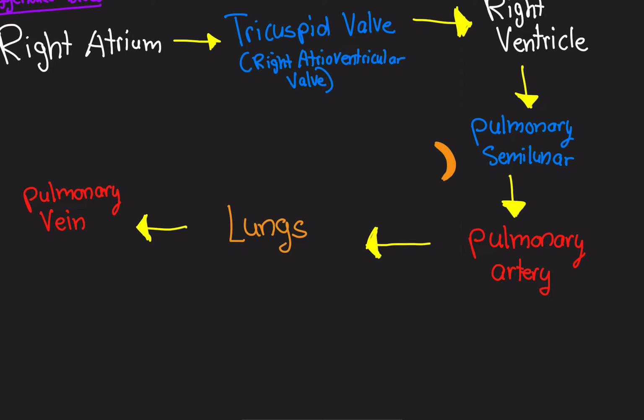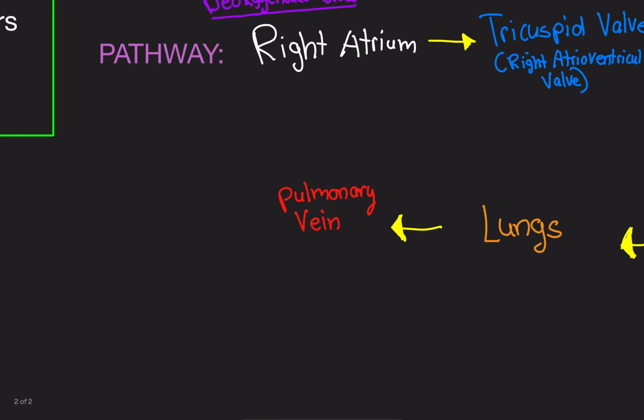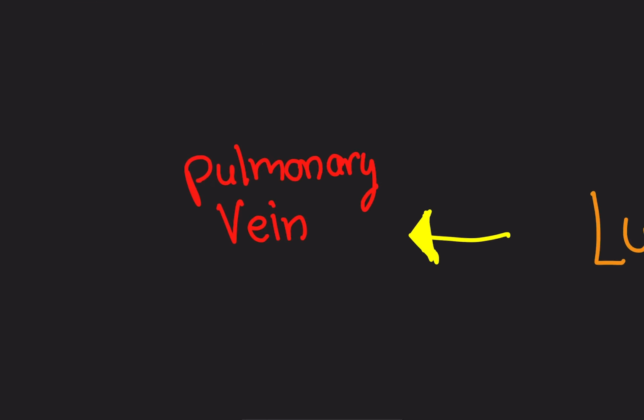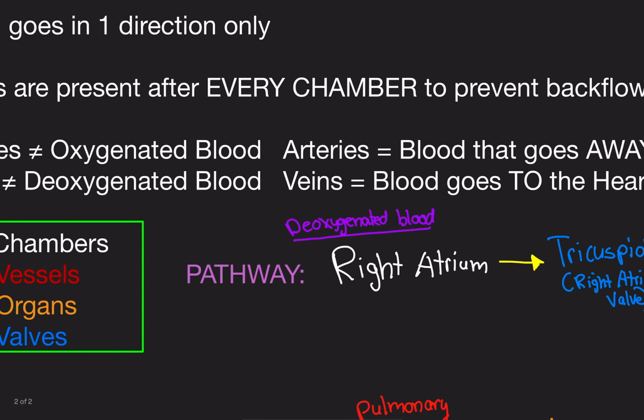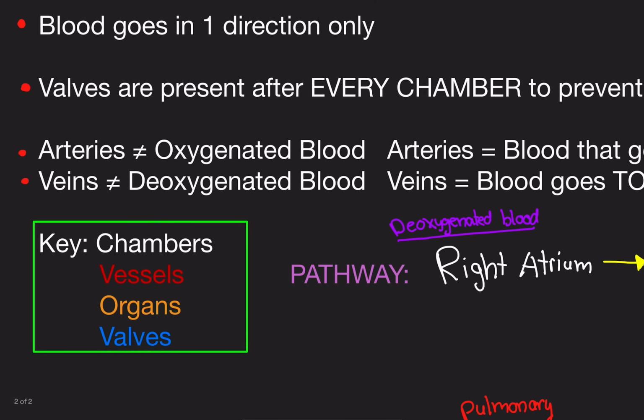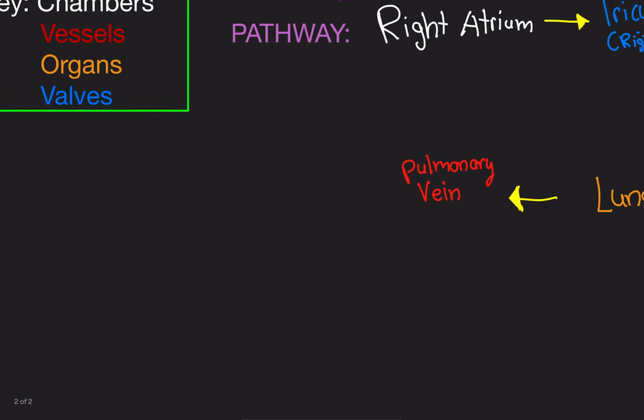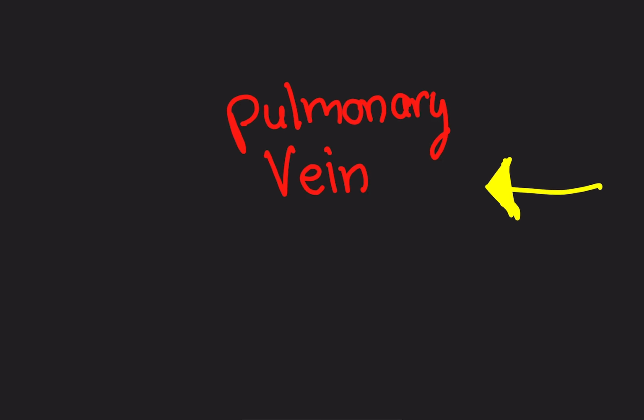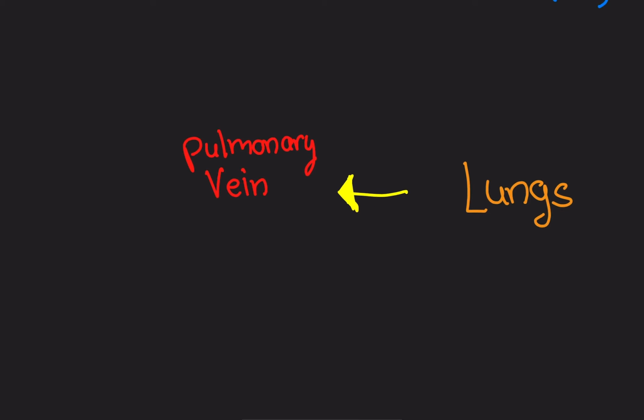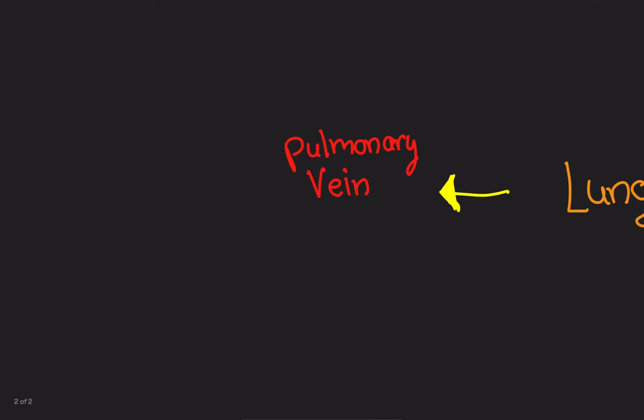Vice versa, the pulmonary vein has blood with oxygen because we just picked it up from the lungs. So on a test, if you ever see a true or false, all veins have deoxygenated blood, it's false because of this.